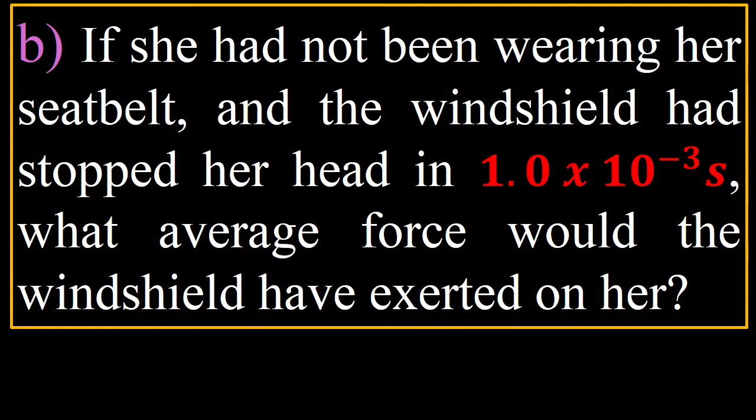If she had not been wearing her seatbelt and the windshield had stopped her head in 1 times 10 to the negative 3 seconds, what average force would the windshield have exerted on her?